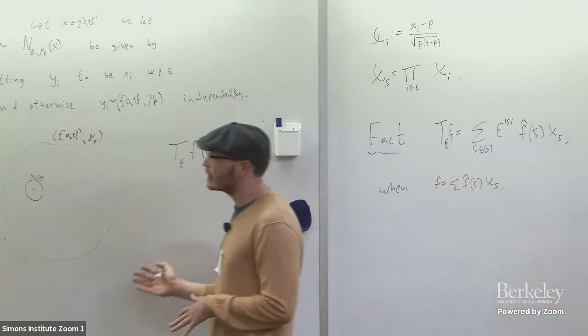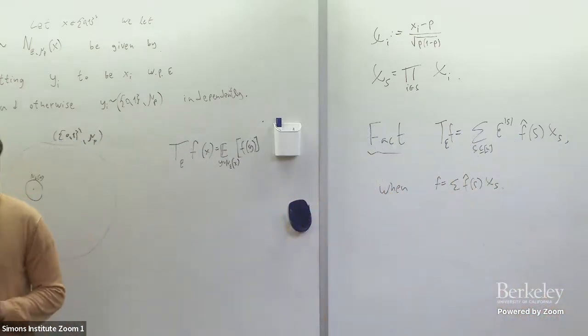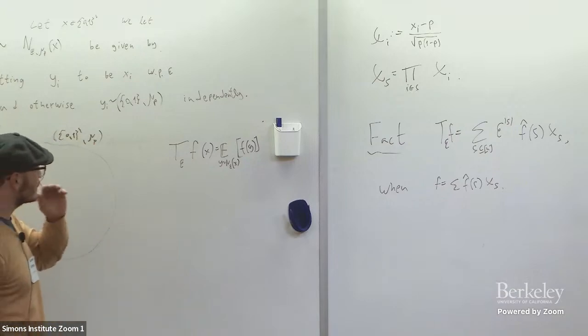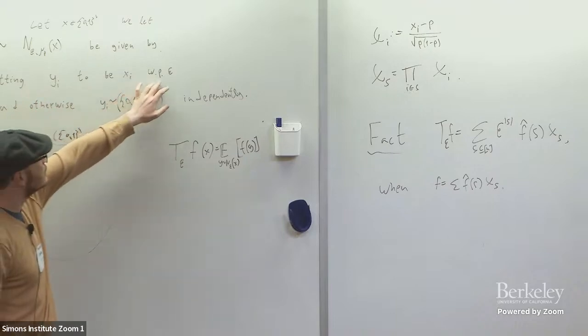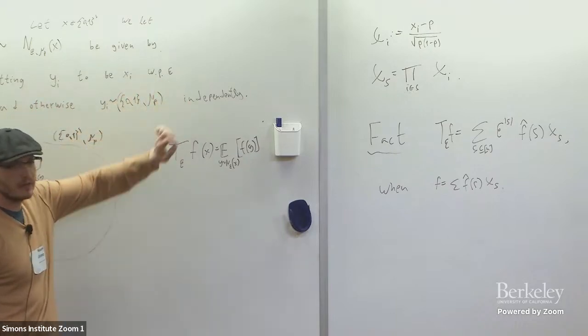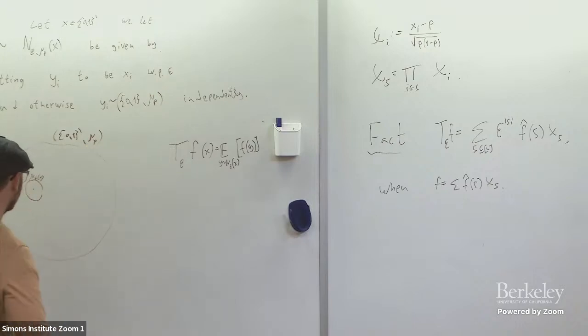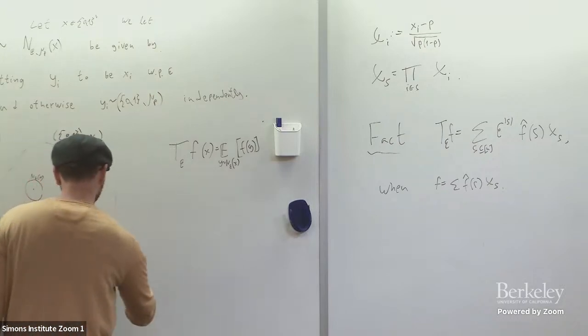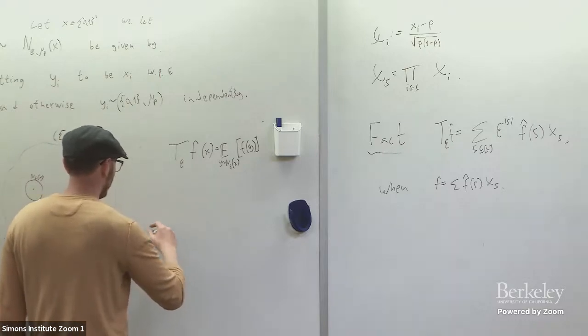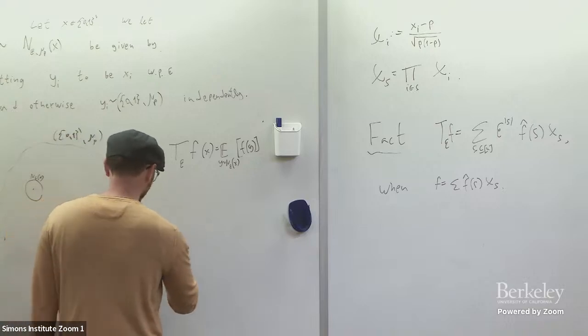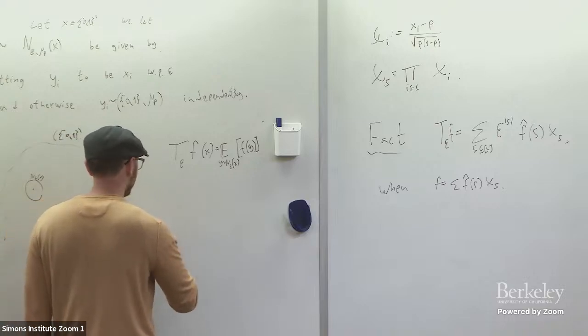So how is it related to the original problem? It turns out that this notion, you can actually extend it to the case where epsilon is negative. So how does that work? We can look at the probability.